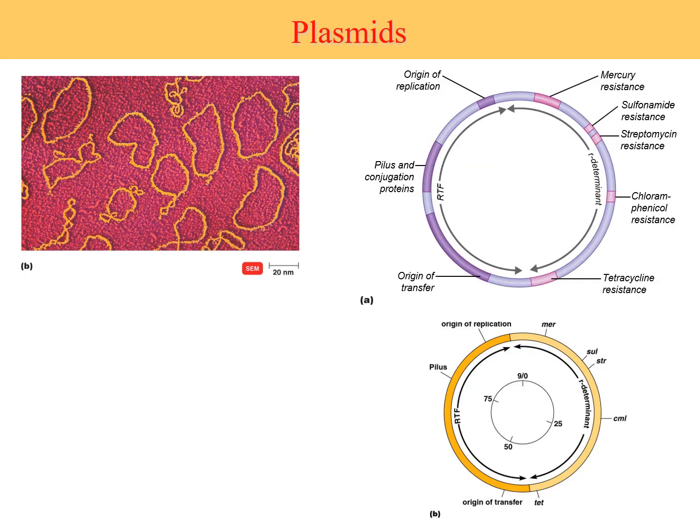So here you see a photoelectron micrograph of some plasmids. They are quite tiny. And here you see two maps of the same plasmid. The top one, A, is the diagram in your textbook, and the B here is from an earlier edition of your textbook.